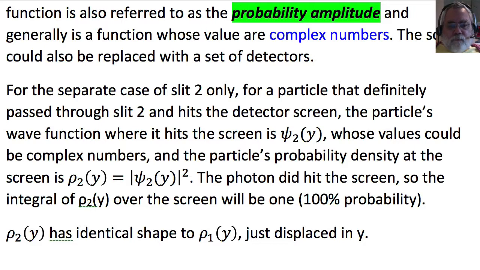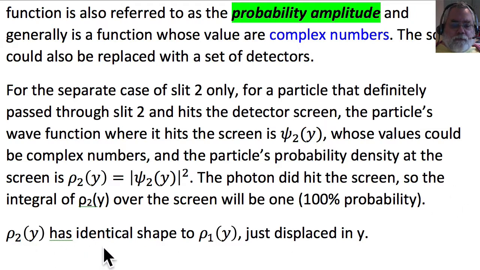For the separate case of only having a slit 2 in a different location than slit 1, for a particle that definitely passed through slit 2 and hit the detector screen, the particle's wave function where it hits the screen will be psi sub 2 of y, and the probability density will be rho sub 2 of y, and that photon did hit the screen, so the integral of rho sub 2 over the screen will be 1, or 100%.